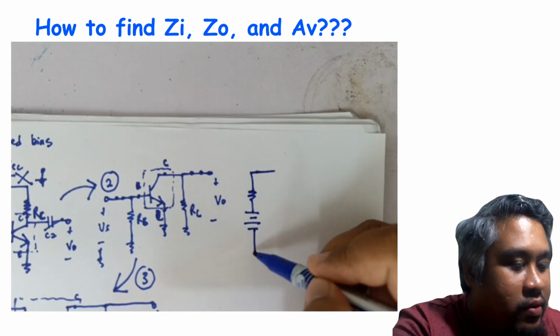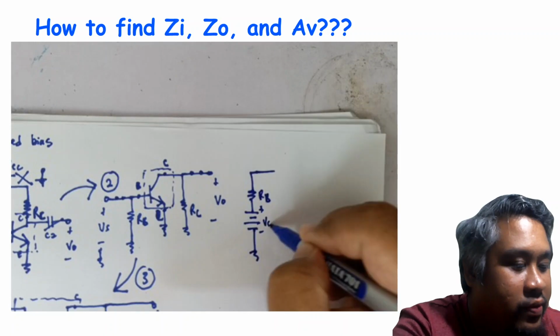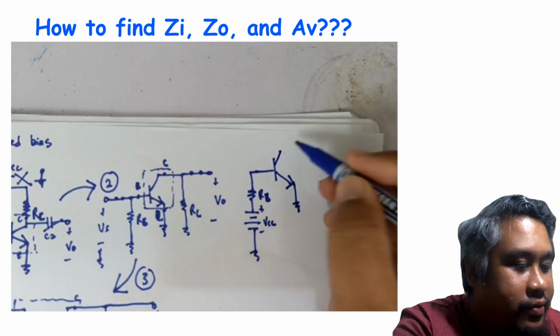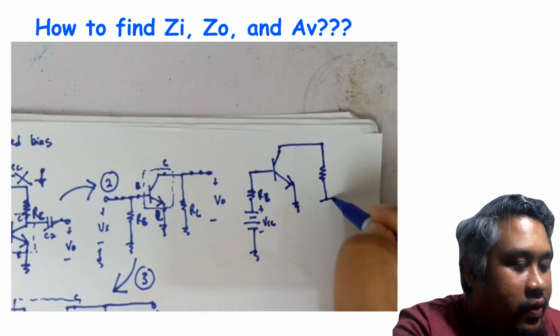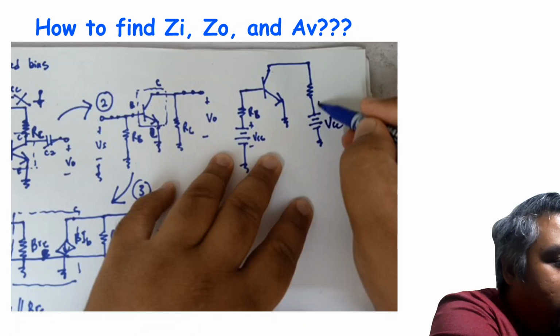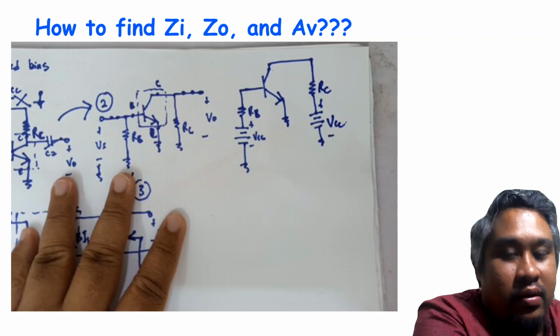Then we have our RC here, and then we have VCC, positive, negative, and this one is our RC.